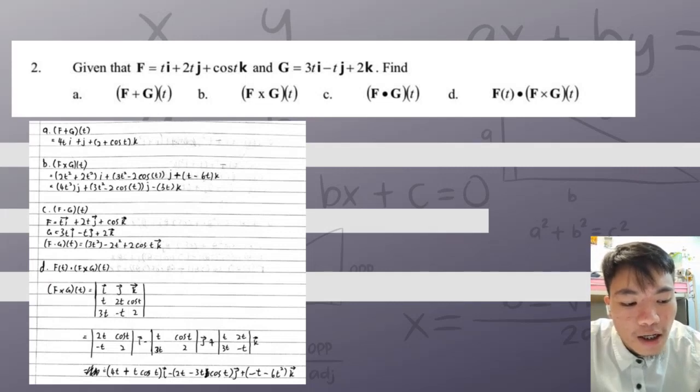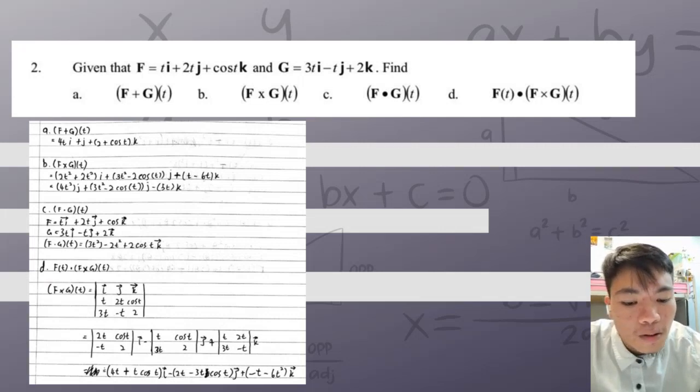So the answer we can get is 4t squared j plus (3t squared minus 2 cos t) j minus 5t k.